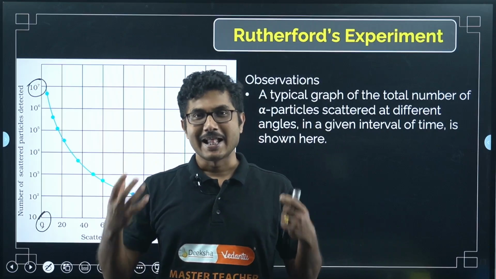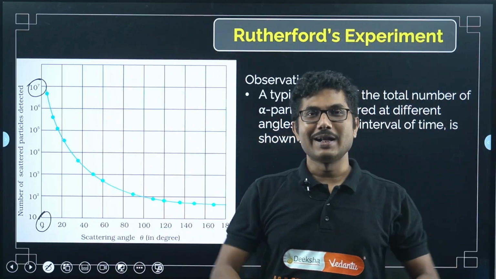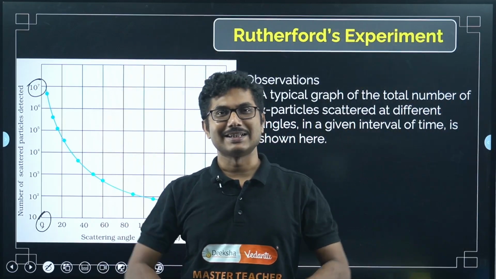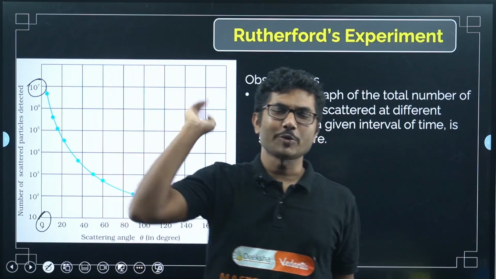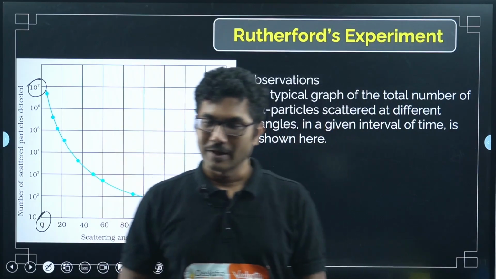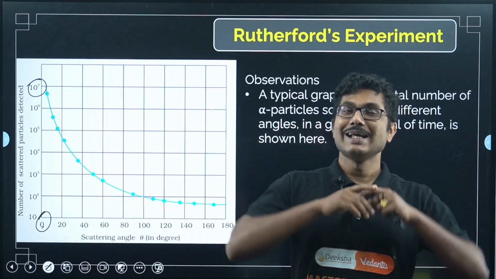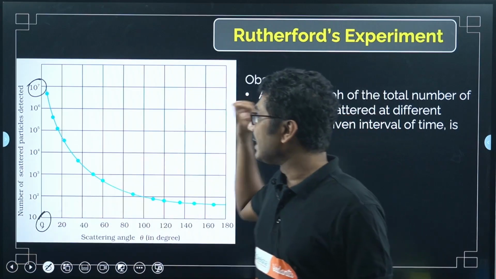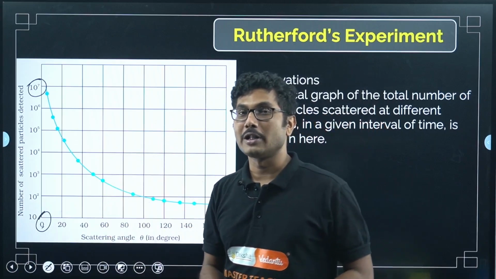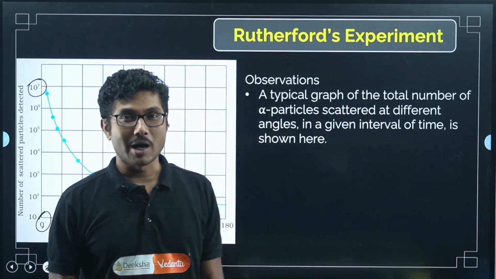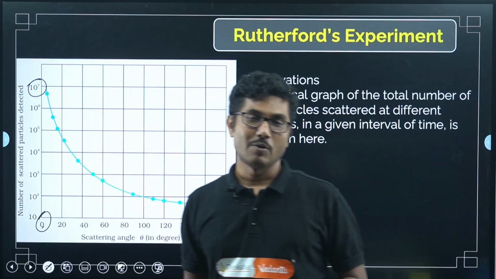That means there is no wall. The wall is actually imaginary, and most of the space of the atom is empty. So the plum pudding model is washed away in that single experiment. It was no longer valid, so we have to come up with a new model of the atom. Why is it important?